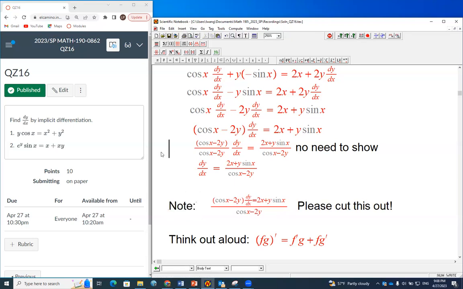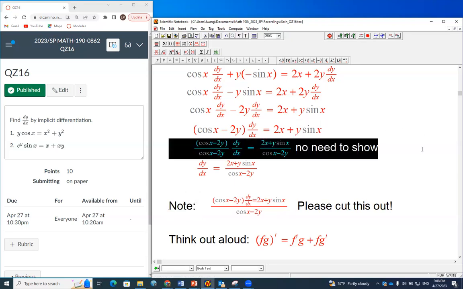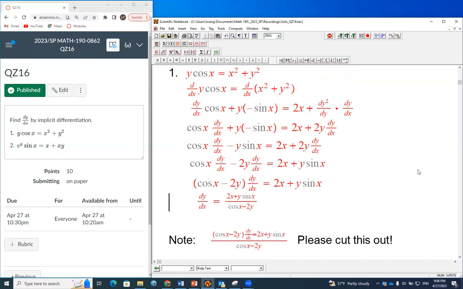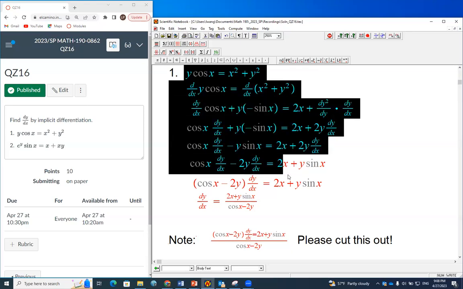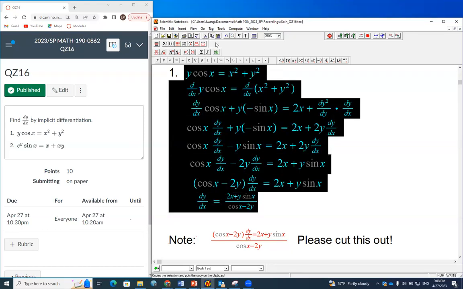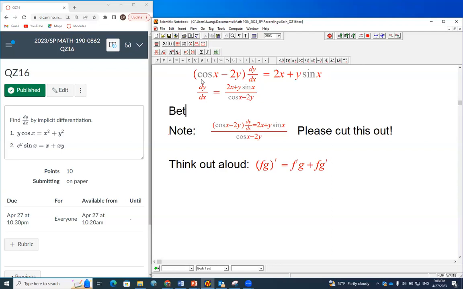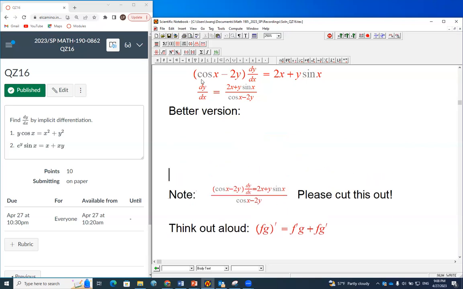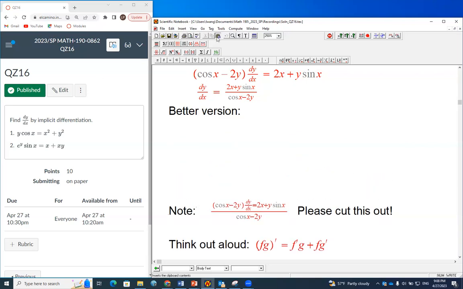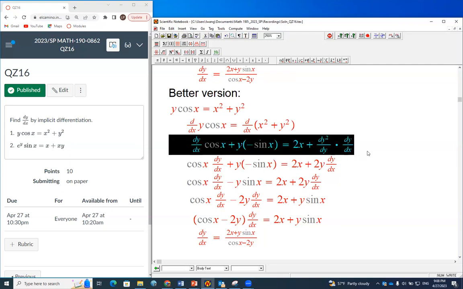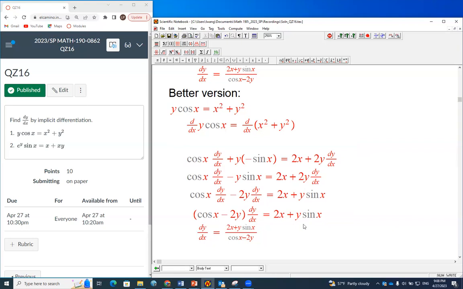So for your work, just nice and clean. And you can even have a shorter version of it, a better version of it. You can cut this piece out.